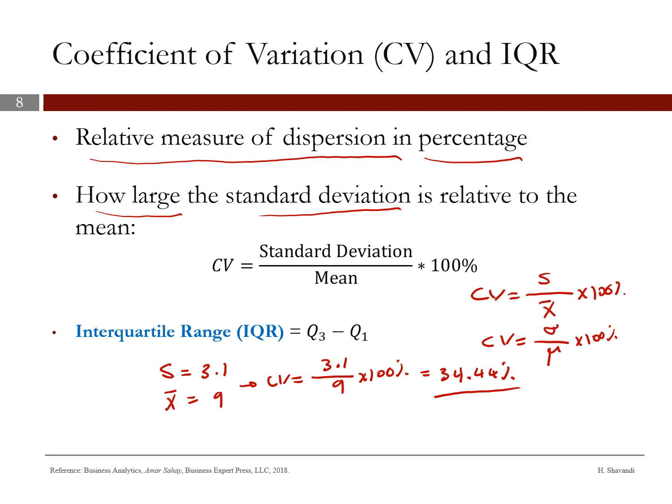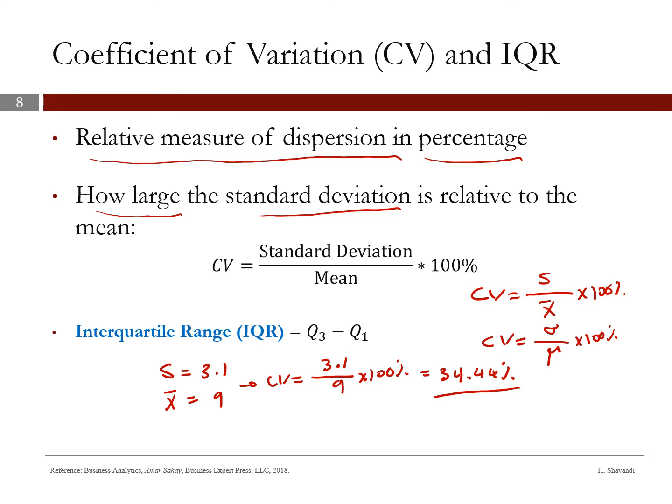So this is a relative measure. As you see here, the CV is expressed in percentage, right? It's in percentage, so it's unitless. There is no unit for the coefficient of variation. So since there is no unit for that, it would be useful to compare the variability of two or more data sets that are expressed in different units of measurement. Even if you have different units of measurement, in that case, if you don't normalize the data sets, then how are you going to compare them?